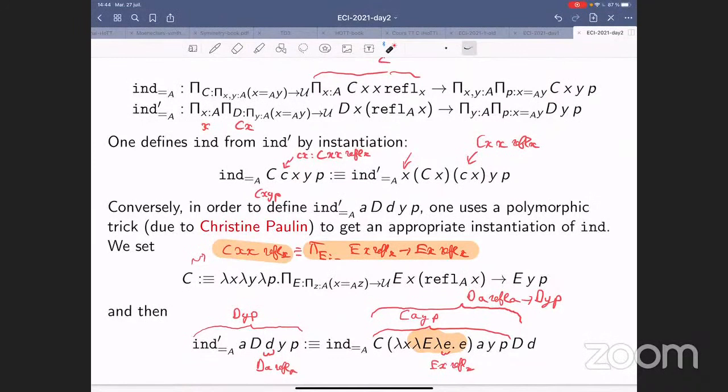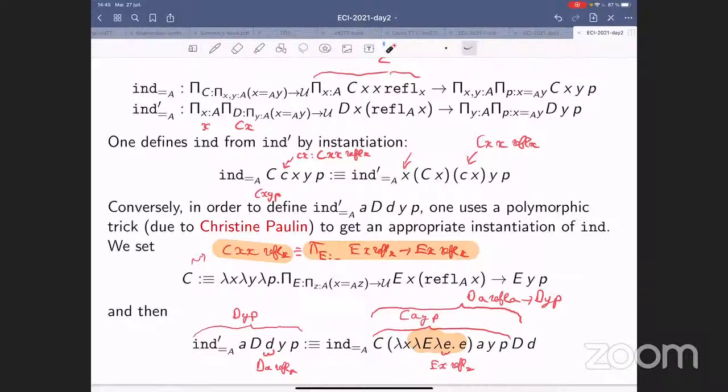So according to the induction principle, what I need to do is to apply it to some A and then to some capital D, and then to some element of Dx reflex.